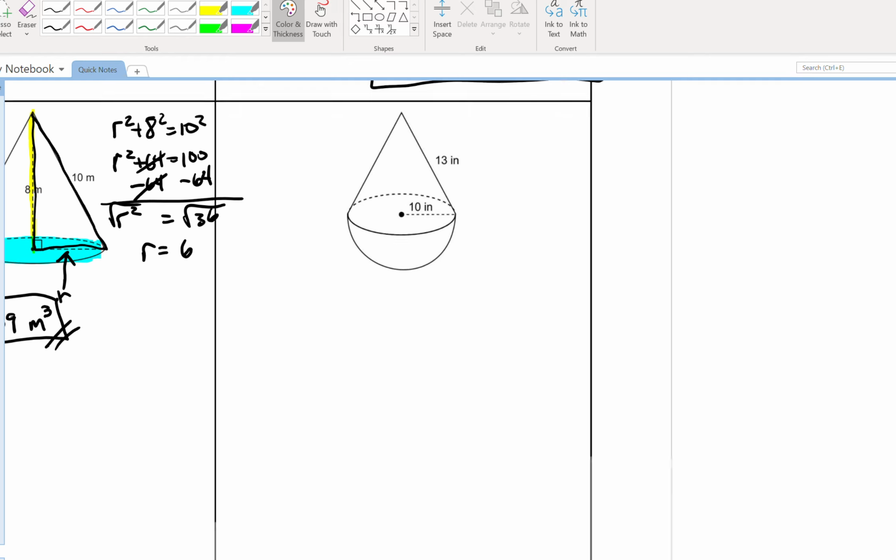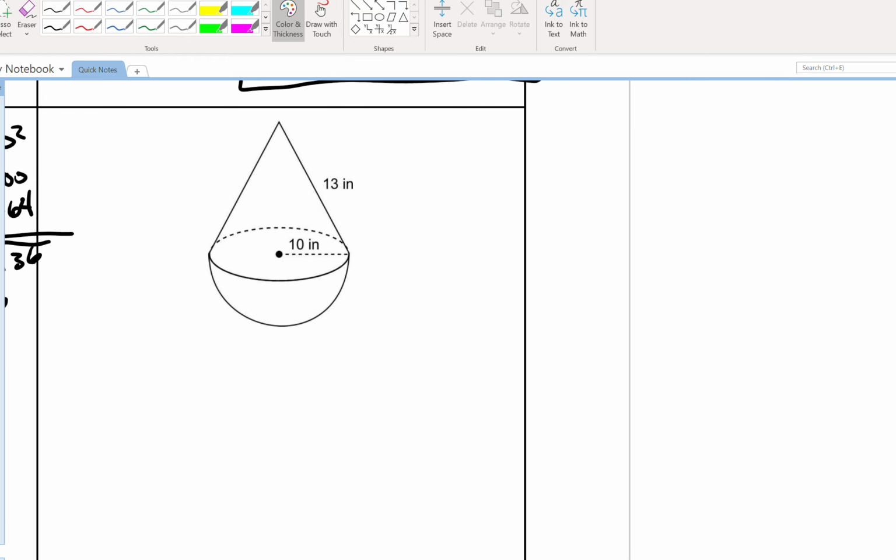All right, now this is a composite figure, and we see that it's basically made up of a cone and a sphere, but only half of the sphere. And so we're going to use the volume of the cone, which is 1/3 pi r squared h.